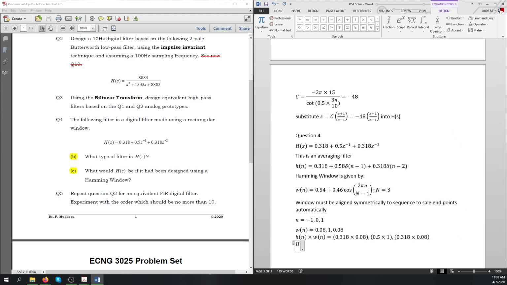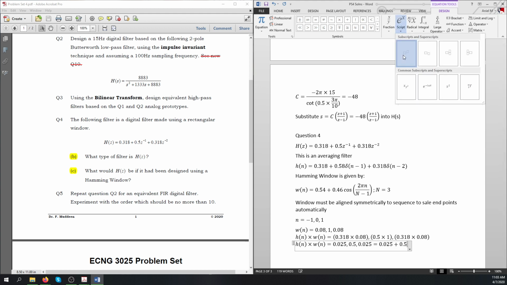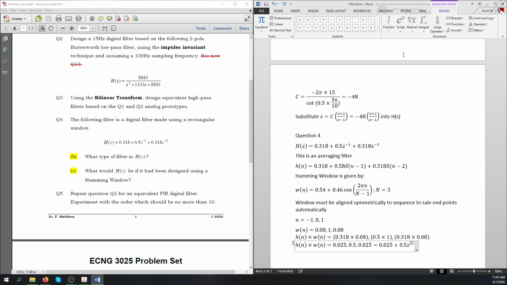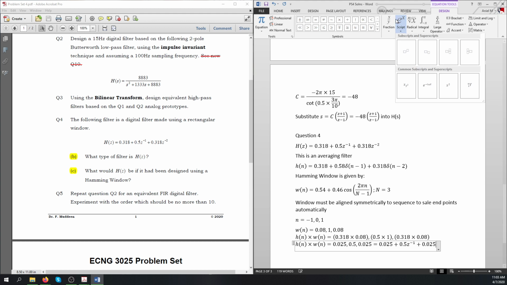So h of n multiplied by w of n is equal to 0.025, 0.5, 0.025. And then if we put this in terms of z, this will be 0.025 plus 0.5 z to the minus 1 plus 0.025 z to the minus 2.